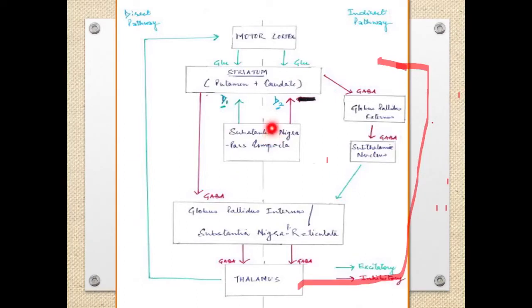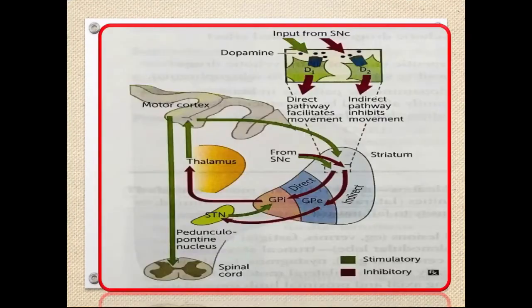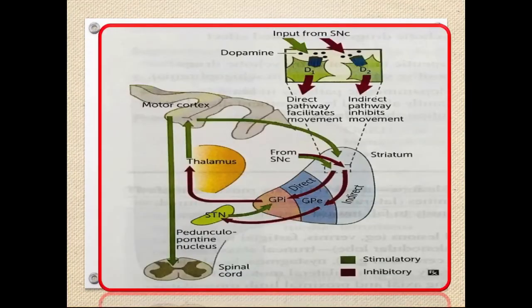And this diagram is the same diagram. This is the diagram from Guyton that I have taken, and this one I have drawn myself to make it simplified. This is the same diagram, nothing else. See, look over here. The cortex goes to the striatum. If you focus on this inner pathway only, this is the direct pathway. From the cortex it goes to the striatum.